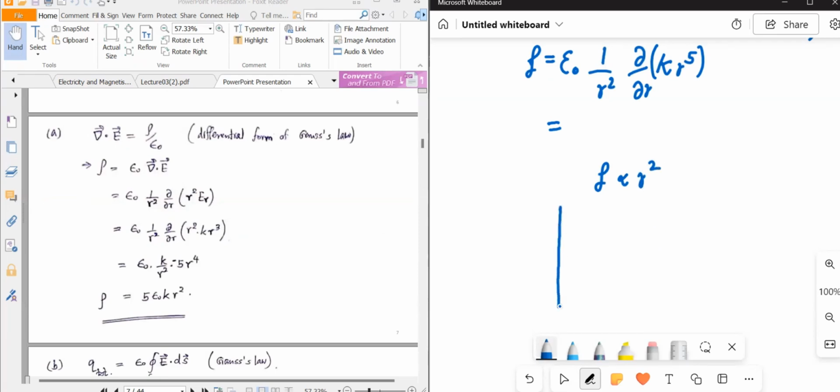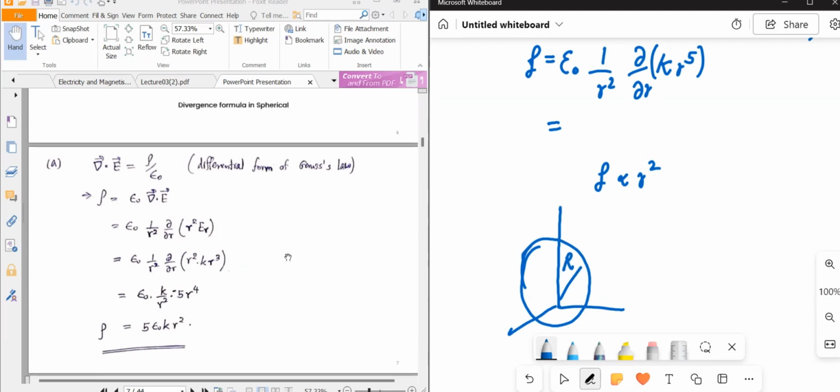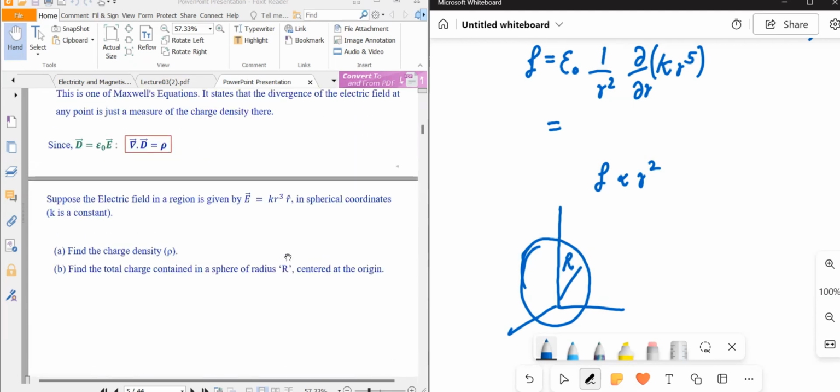Then we need to calculate the total charge if we have a certain sphere with the radius r. Find the total charge contained in a sphere of radius r centered at the origin.